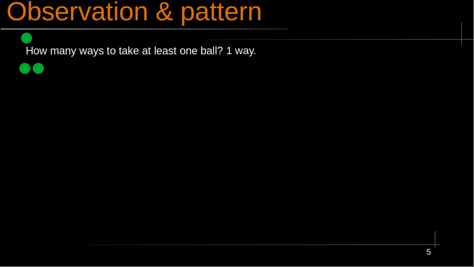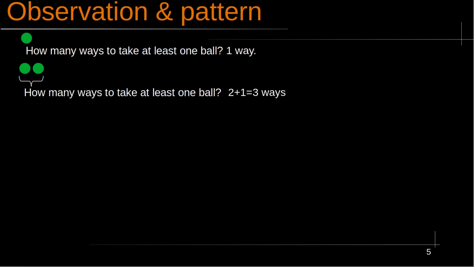If we have 2 balls, how many ways to take at least one ball? We can take this one, this one, and all the 2 balls. So in total we have 3 ways, 2 for 1 ball and 1 for 2 balls.